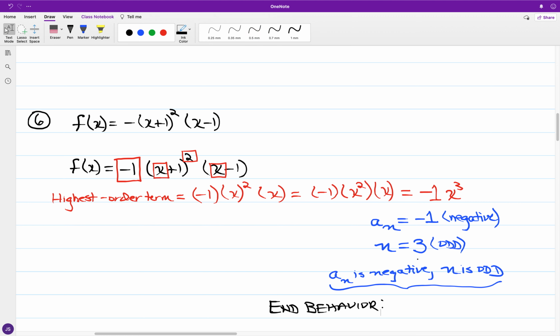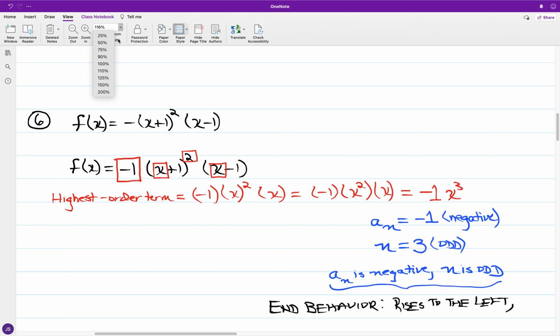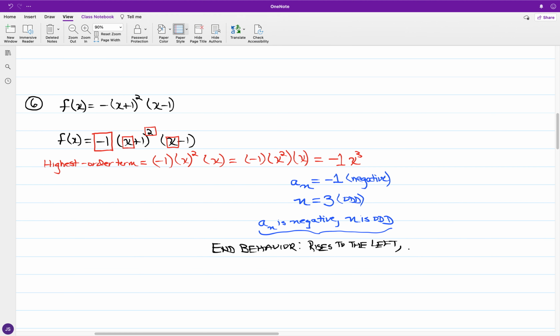Remember, with odd-powered functions, you're going to have up at one end, down at the other. In this particular case the leading coefficient is negative, so think of it like when something ends on a negative note, you have a downward trajectory. If you read it from left to right, it starts at a high point, so it rises to the left, and then it falls to the right.